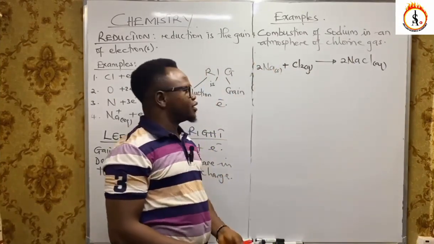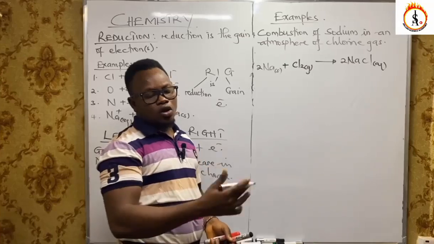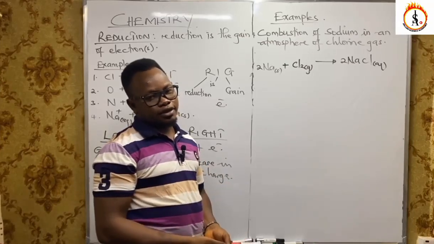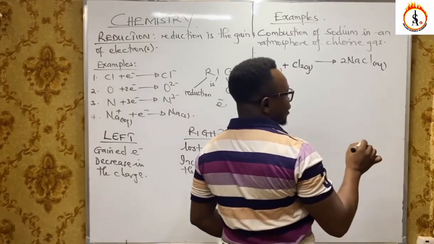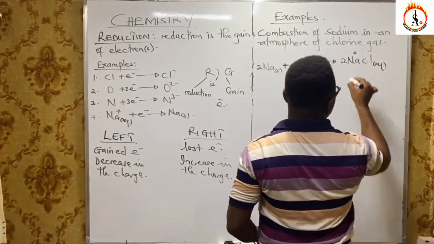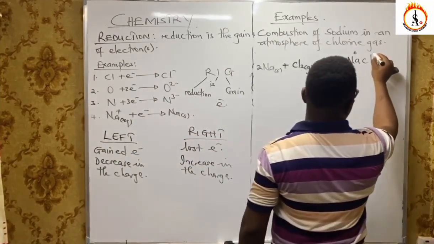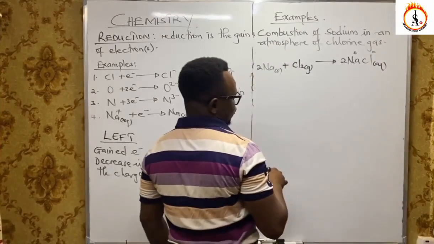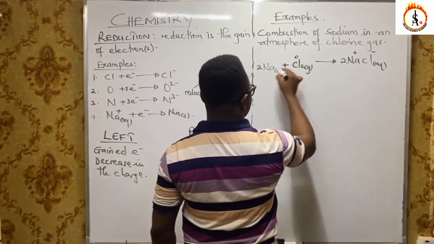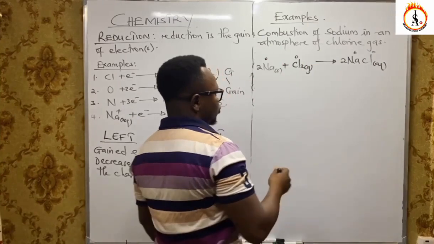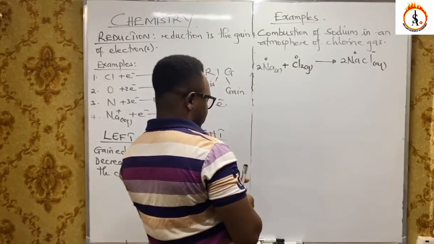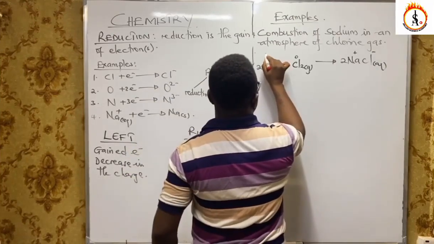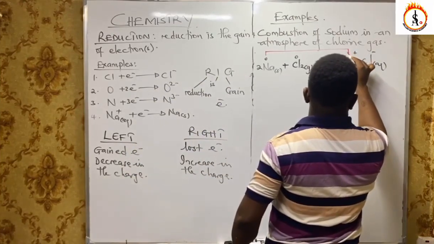Now, this is a process wherein oxidation is taking place and reduction is taking place. You know, sodium chloride is an ionic compound with sodium having a charge of +1 and chlorine having a charge of -1. This guy here has got no charge and this has got no charge. So if we try to look at the processes taking place here, we can tie these two together.